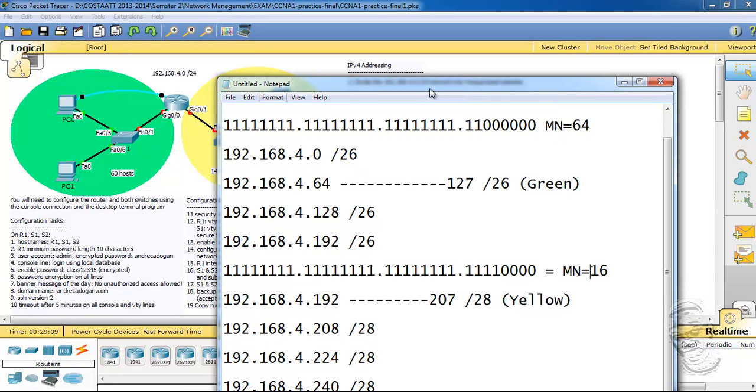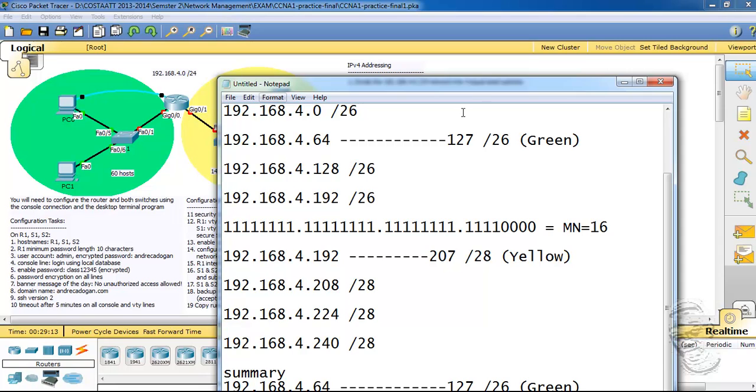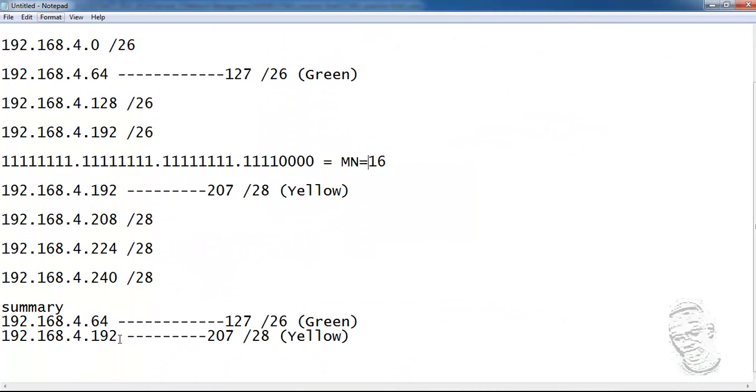So the ranges of IP addresses that we will be using are 192.168.4.64 for the green network up to 127, and there has not been any overlapping with the yellow network, which begins at 192 and ends at 207.